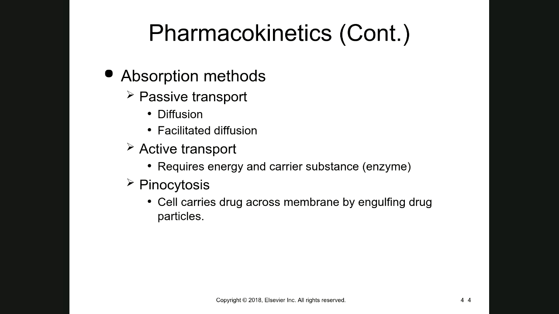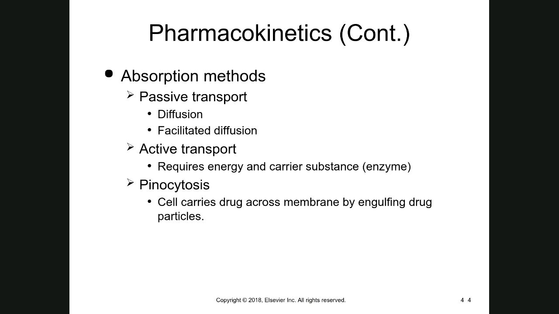Absorption across the mucosal lining into the small intestine occurs through passive transport, active transport, and pinocytosis. Passive transport occurs through 2 processes: diffusion and facilitated diffusion.